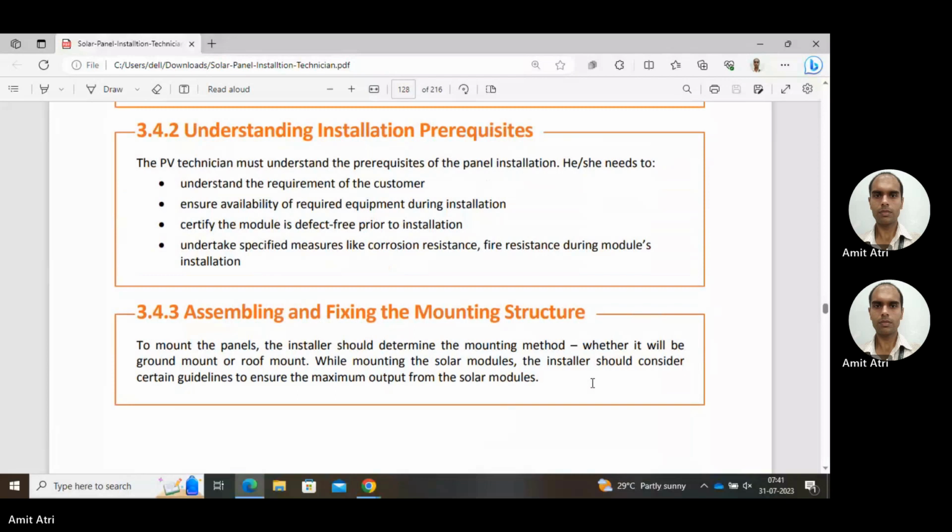Next, certify the module is defect free prior to installation. Means we have to check that as well, that we are getting the output. Next, undertake specified measures like corrosion resistance and fire resistance during module installation. We have to take care because the module has to be placed outdoors, so humidity, rain, water.